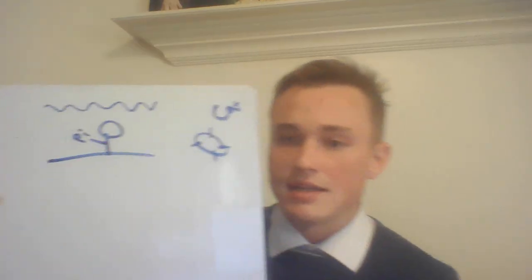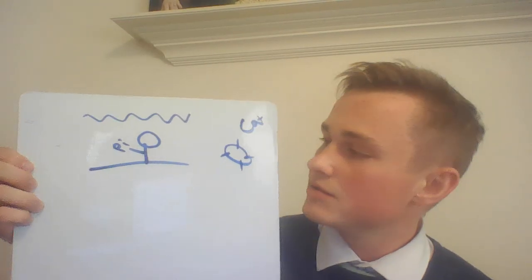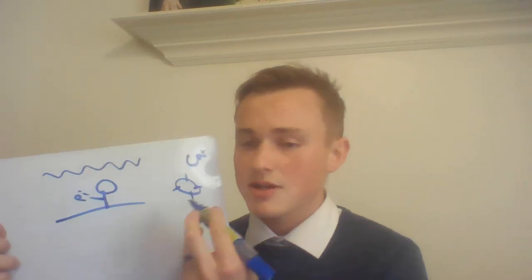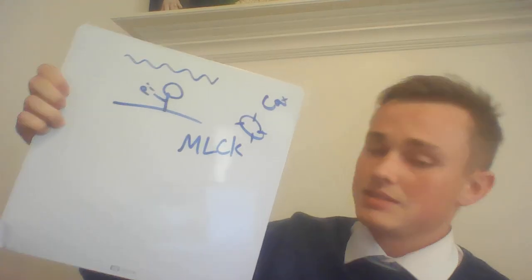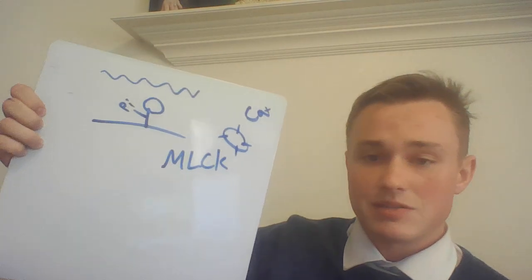And once calcium attaches to our calmodulin, our calmodulin then attaches to what is known as our MLCK. MLCK stands for a really big word that I'm not going to go over right now because this video is already 52.5 minutes long.